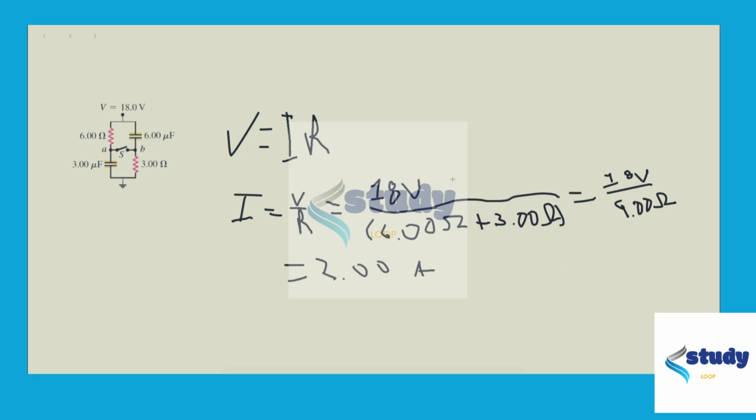Now the potential at point B with respect to ground, which is the question for part C, it wants to know what's the potential at point B with respect to ground, or the negative terminal of the battery here. We now know the current in the circuit, based on the current flow through the two resistors.